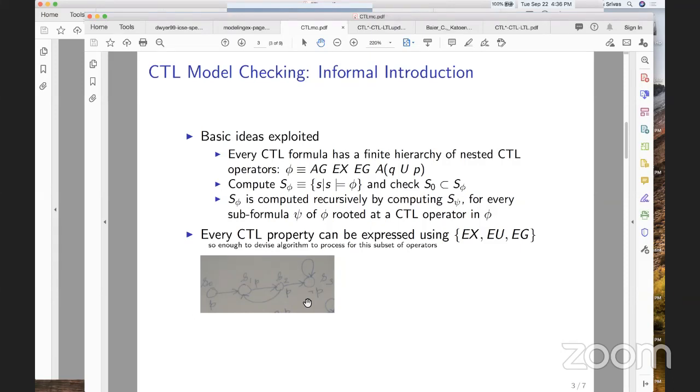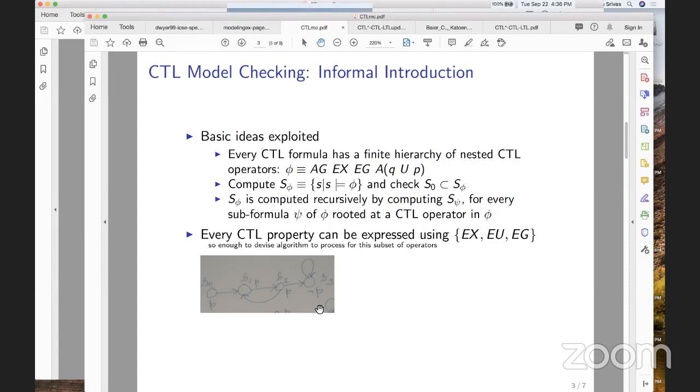Now that way of designing the algorithm is called explicit state model checking. Later, we will see how we could do symbolic model checking by devising another algorithm by computing fixed points.